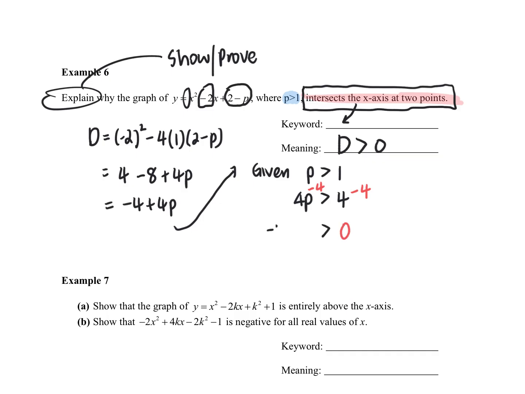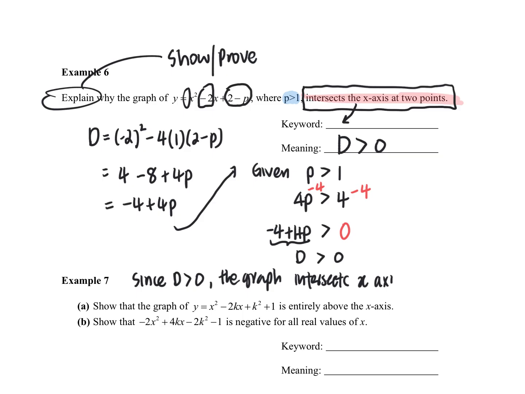So can you see that this thing here is my D? So I've proven that discriminant is greater than 0. So the concluding statement: since D is greater than 0, the graph intersects x-axis at 2 points.